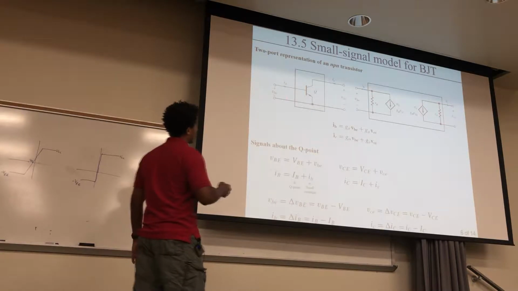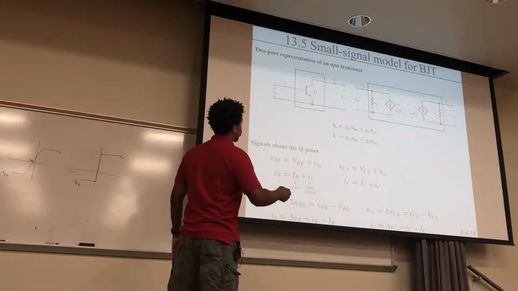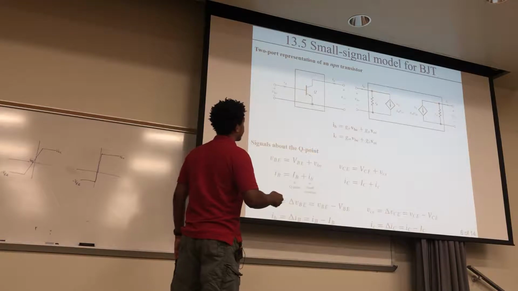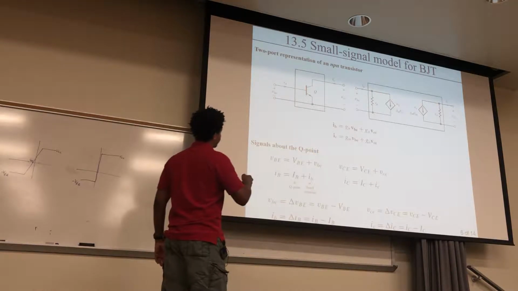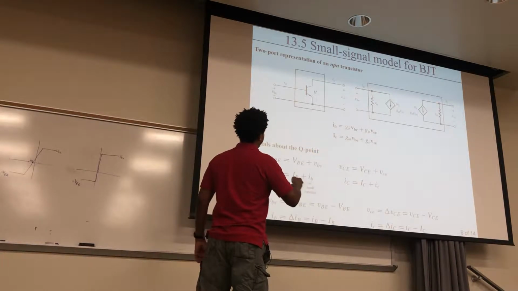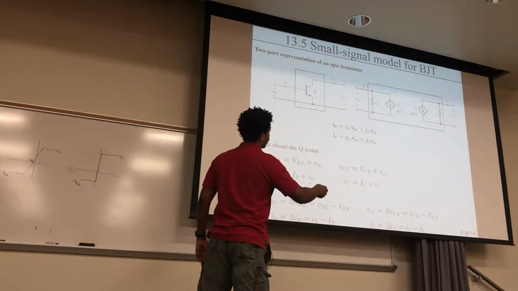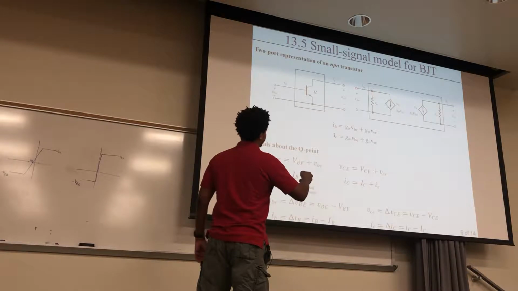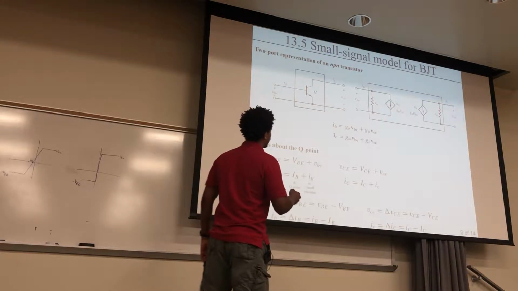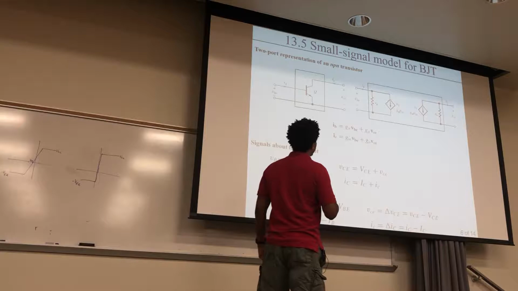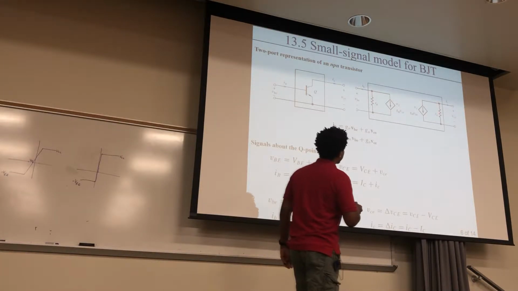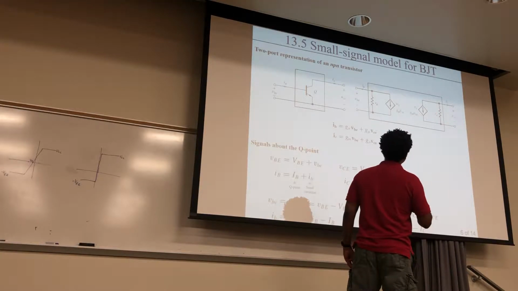You can model this as a two-port, where the voltage across these terminals is the same, and same with the current, and the voltage across these terminals, VCE, is the same as right here. Inside, you have this R pi and over here this RO.